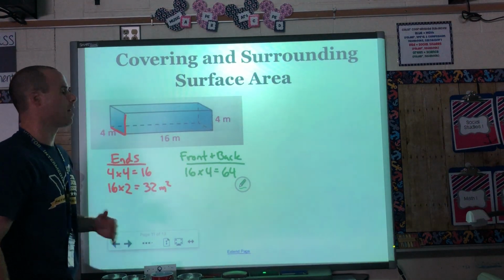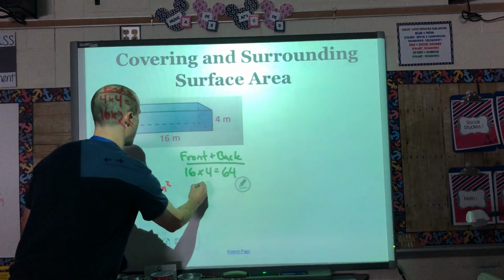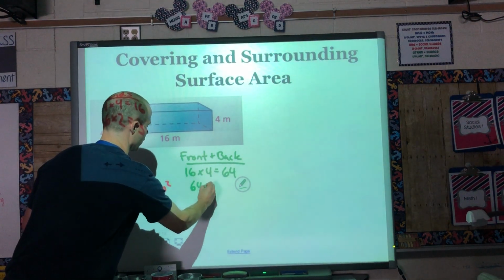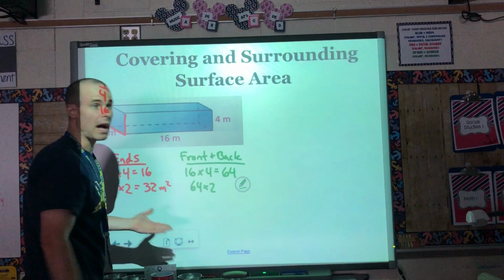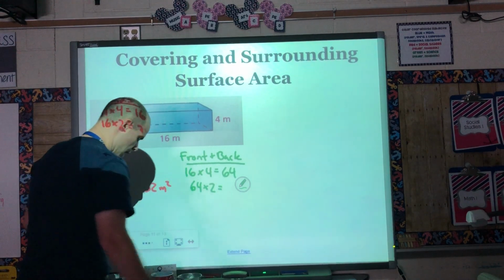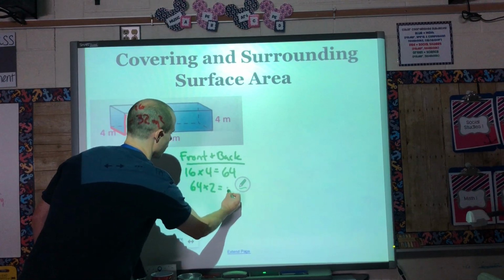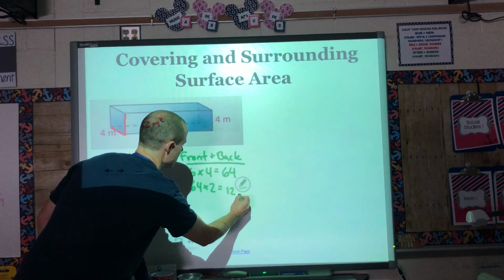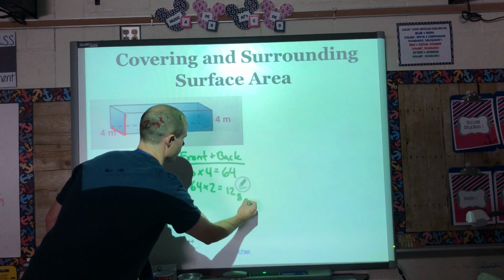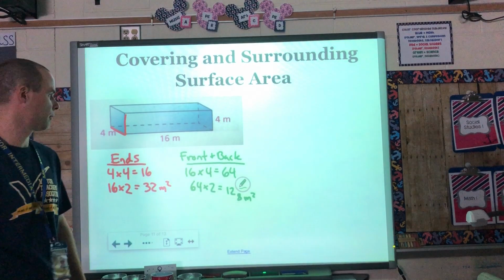But then again, we have the back as well, which we know is exactly the same. So we really have 2 groups of 64, or 2 sides that are 64 square meters. And when we do 64 times 2, that's going to give us 128 square meters for just our front and our back surfaces.